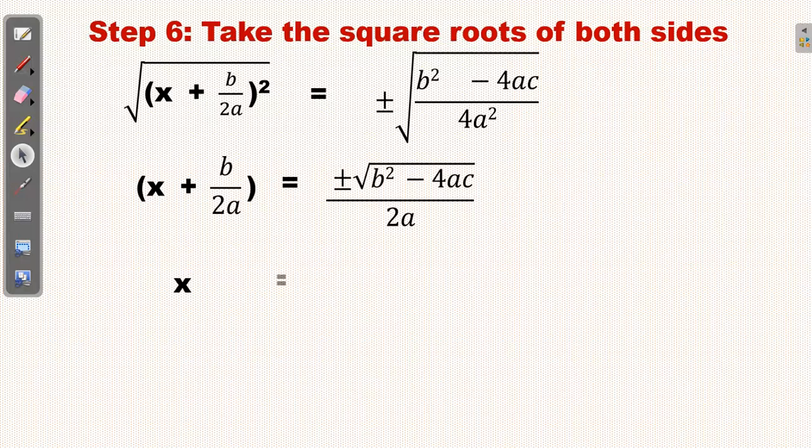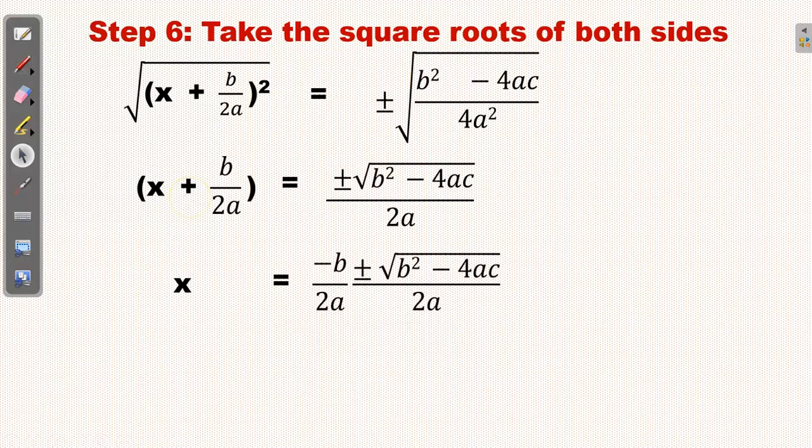So x is now equal to, we now move this b over 2a to the right hand side. When it crosses, this positive sign changes to negative. So we have minus b over 2a plus or minus the square root of b squared minus 4ac over 2a.